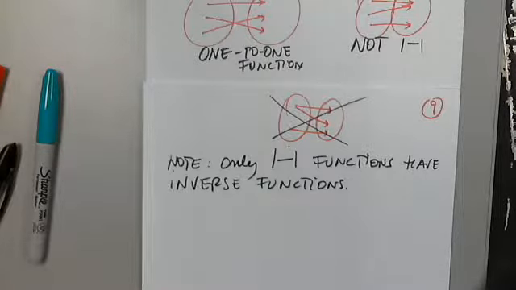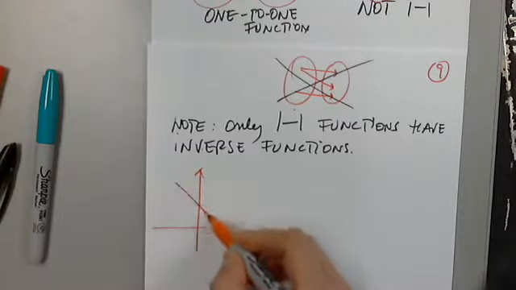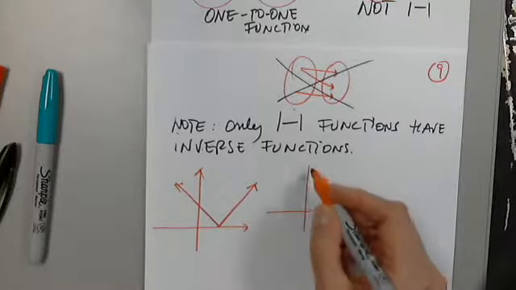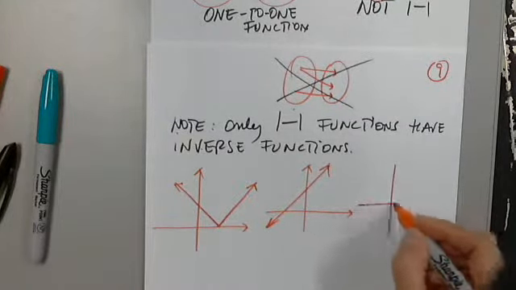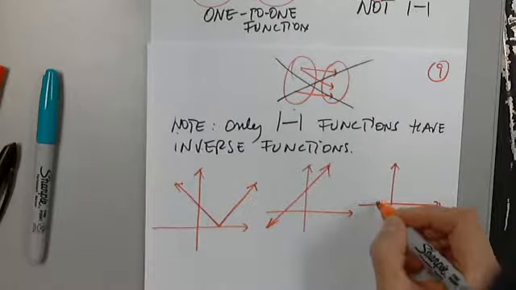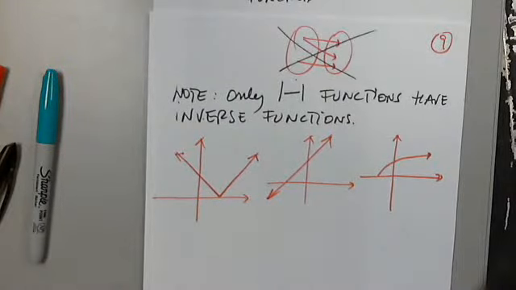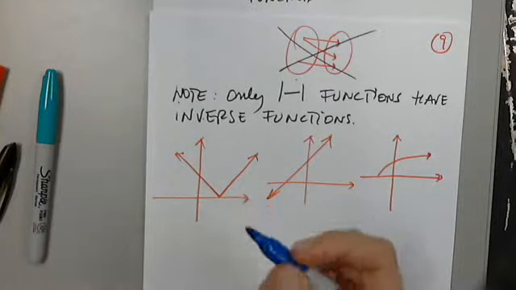Let's look at 3 graphs, and you will tell me what I graphed. The first graph. What did I graph here? From those 7 base functions, it is an absolute value of x.